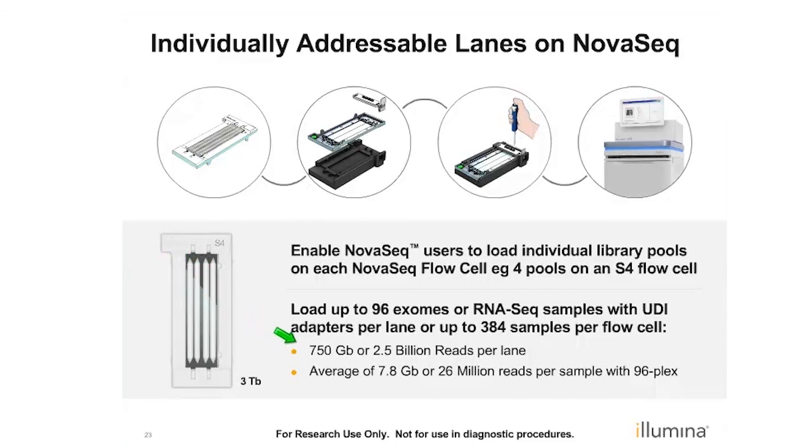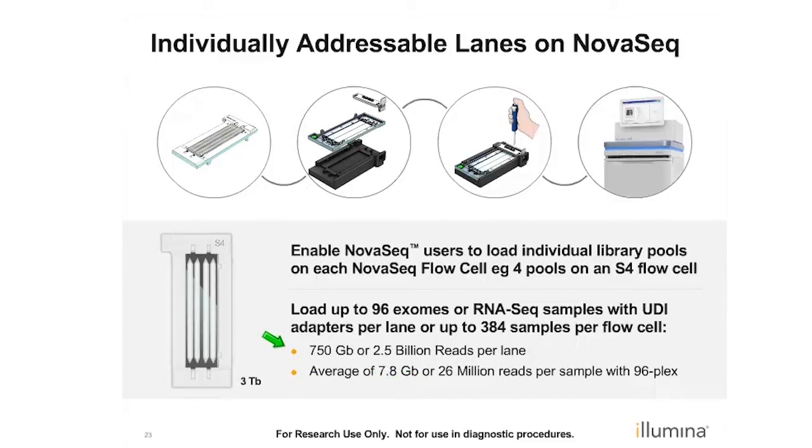So instead of one sample pool going across all 4 of these lanes, you can put one sample pool per lane. And so that will change things quite a lot. I have some numbers here about using the 4 ports for, say, doing exomes or doing RNA-seq. Each lane would have about 750 gigabases of data, or 2.5 billion 2 by 150 base pair reads. If you imagine doing exome sequencing, that's nearly 8 gigabases of data per exome, or 26 million reads per sample for a 96-plex pool.